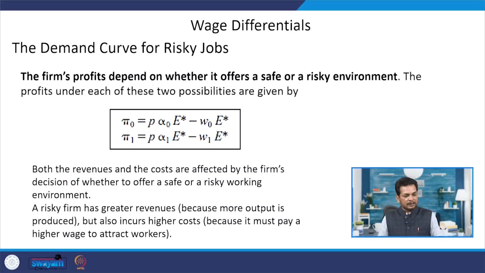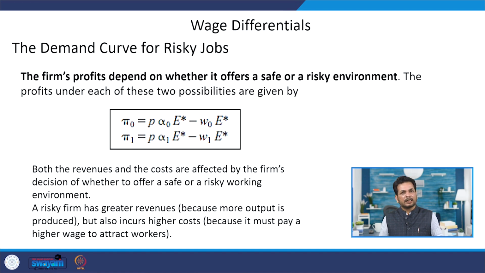However, it is not only that the worker would be more productive in the safe firm, but the firm would also get away with paying them lower wages because they value safety. So, to understand why there is a difference in the marginal product of labor in the risk environment and the safe environment, we can see that the firm's decision depends on profit.